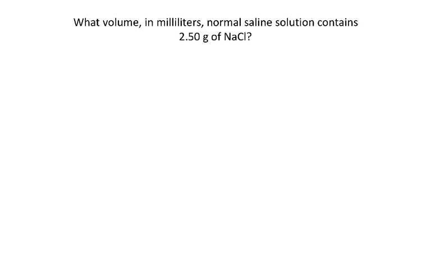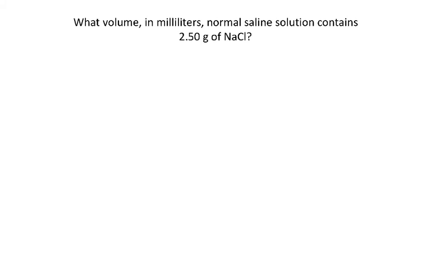Okay, what volume in milliliters of normal saline solution contains 2.5 grams of sodium chloride? So 500 milliliters has 4.5. We just solved that, so it's going to be something less than that. But let's work through it as if we didn't know that already. But we do know that, so we can use that to check at the end.